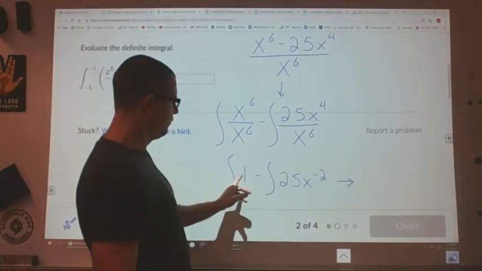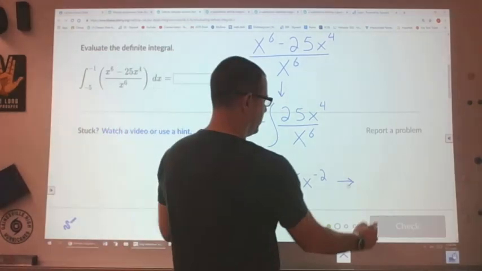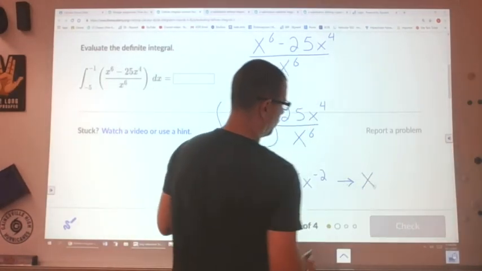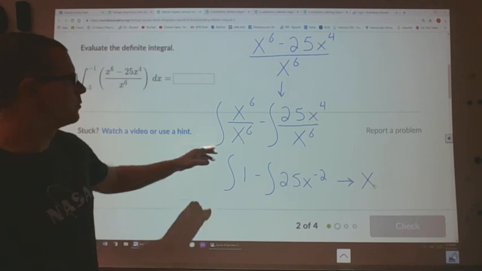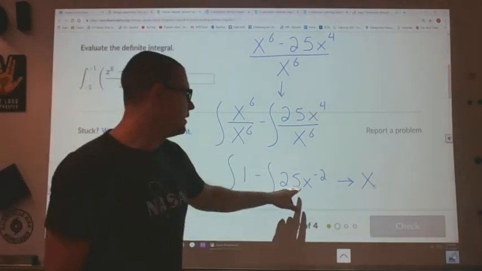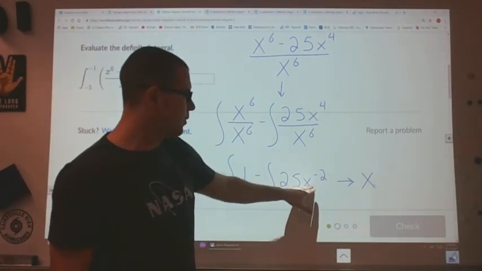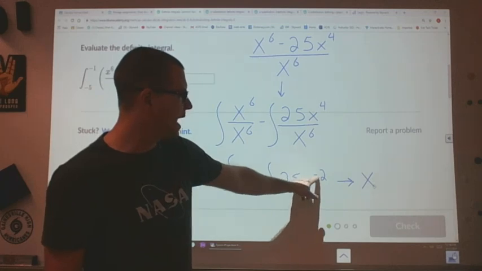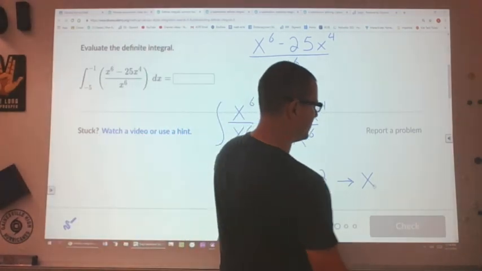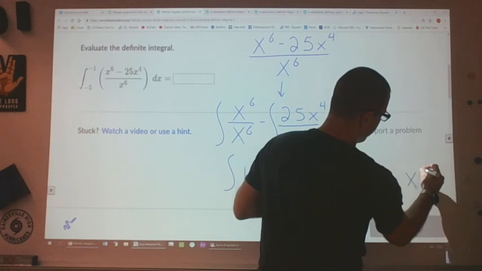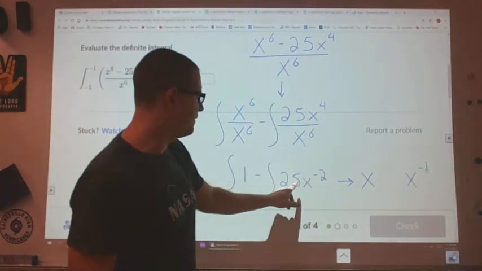The integral of 1 is x, or whatever variable you happen to be working with, but we're using x. dx is right there. 25x to the negative 2, following the reverse power rule, I'm going to add 1 to the power so that it would be x to the negative 1. And then I'll divide by that.